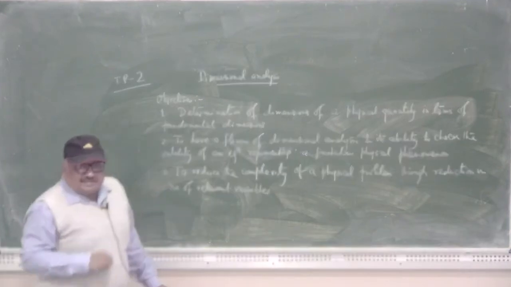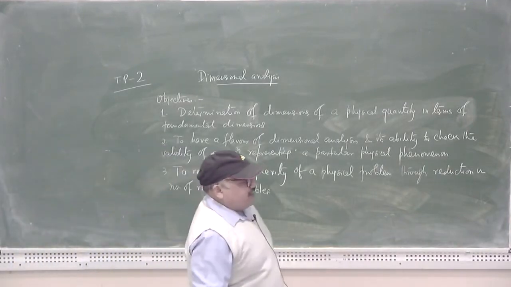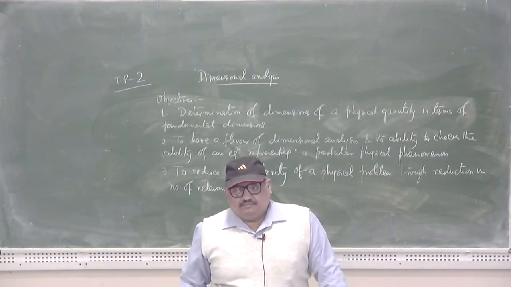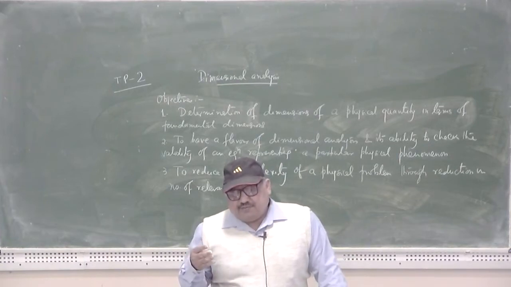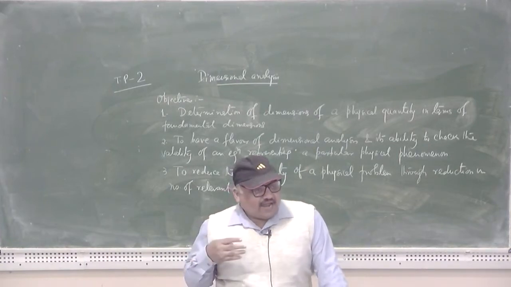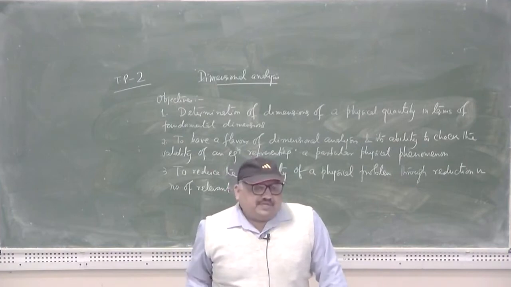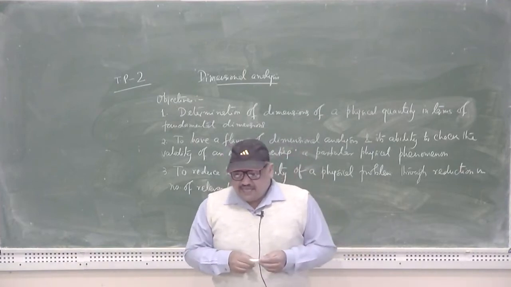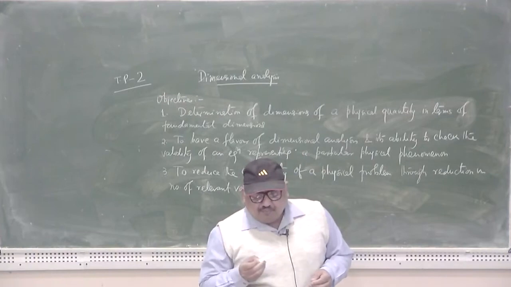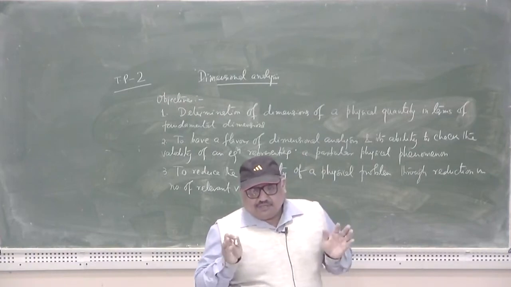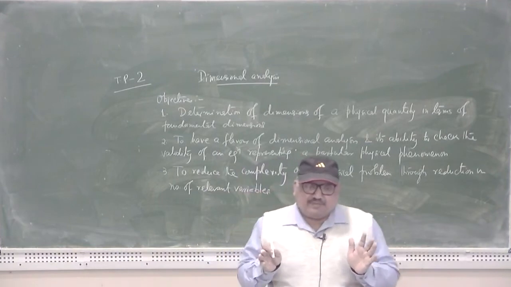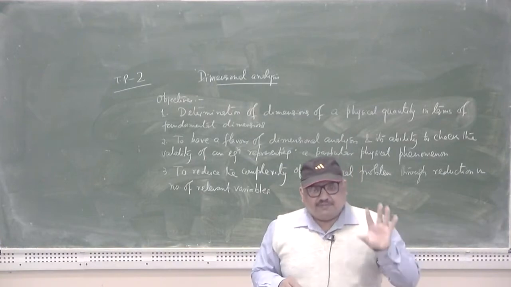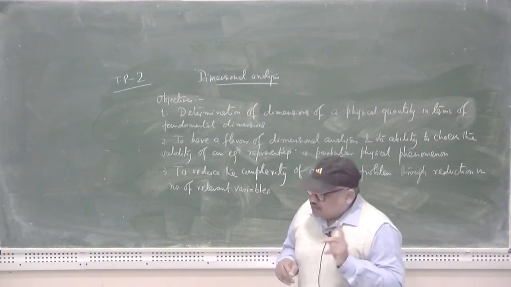What does it mean? It means that, let us suppose a physical phenomenon is being governed by 5 factors. If you would like to model that phenomenon, how it behaves in different circumstances, then you have to have ideas about the relevant variables and the effect of those variables separately on that phenomenon.